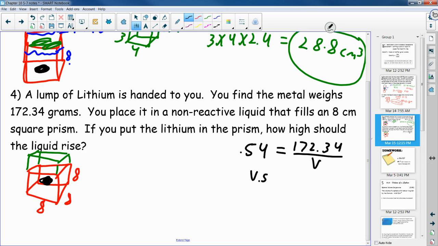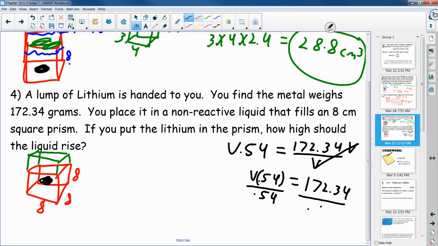So then we have V times 0.54 equals 172.34. The volumes cancel. All right, now I want to divide by 0.54, divide by 0.54. When I divide that, my volume comes out to be 319.5. Okay, so we've got our volume.